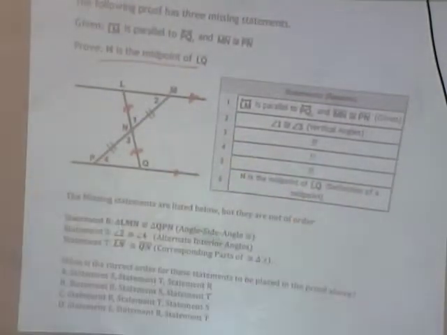1 and 3 are vertical. What do I notice about angles 2 and 4? They're congruent because of what? It says it right there on your paper. Statement S. 2 is congruent to 4 because of alternating interior angles, right?